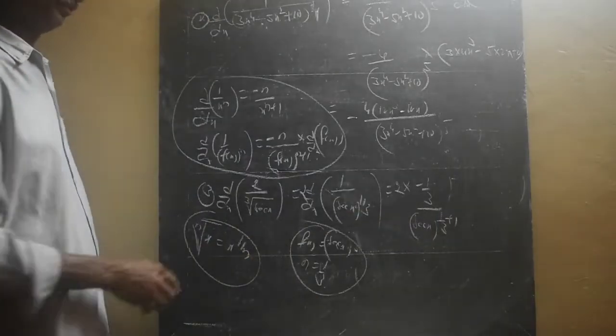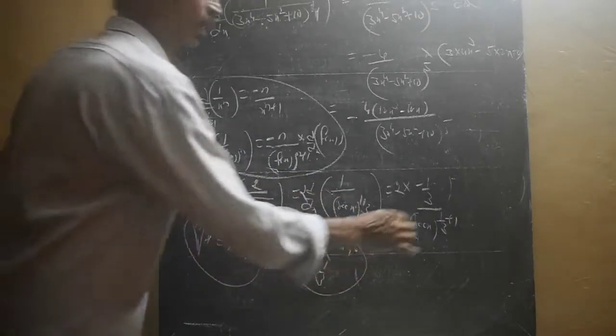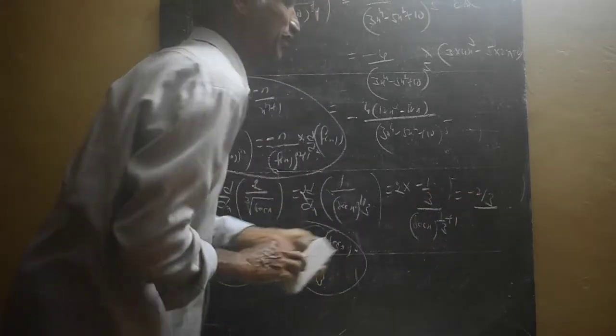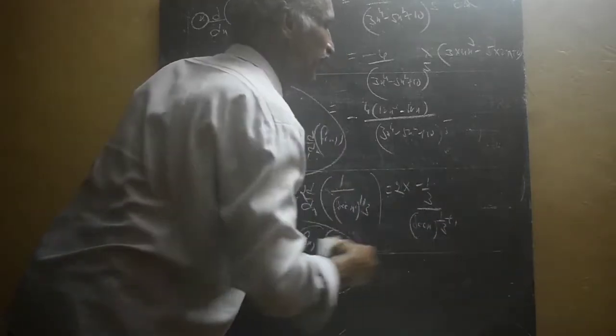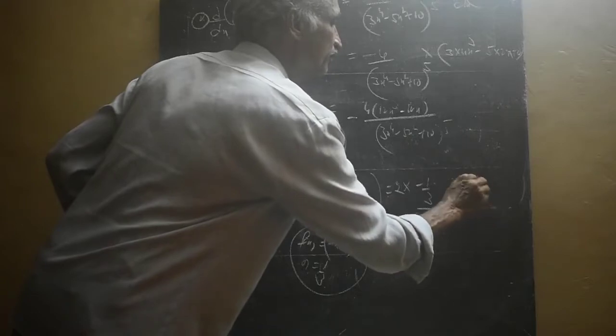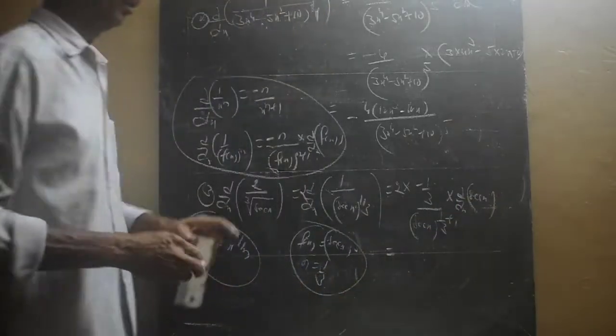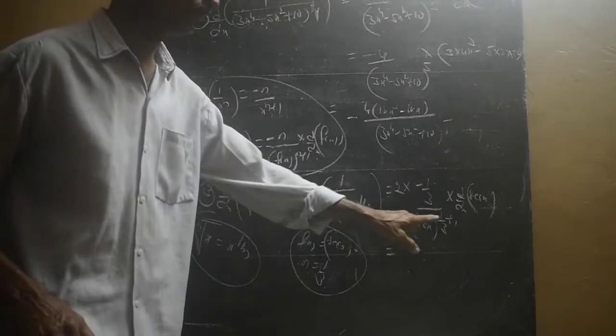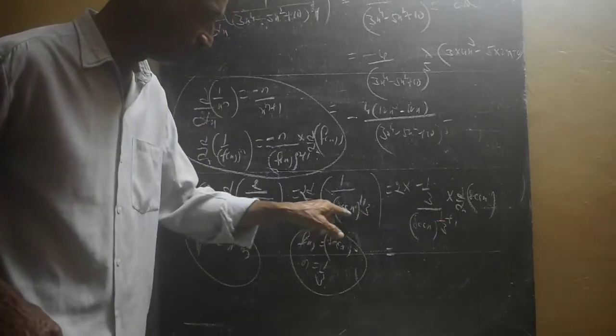1 by 3 plus 1, n is 1 by 3. That is minus 2 upon 3, into d by dx of f of x, the sec x. The formula is d by dx of 1 upon f of x raised to n is minus n upon f of x raised to n plus 1 into d by dx of this f of x.